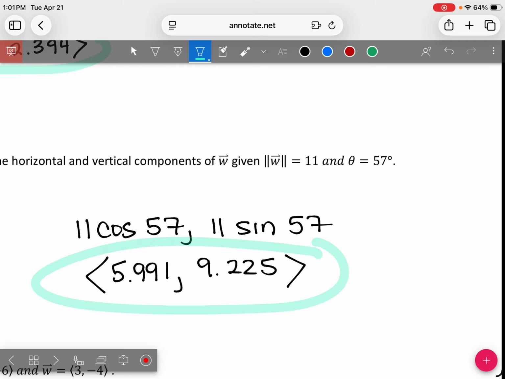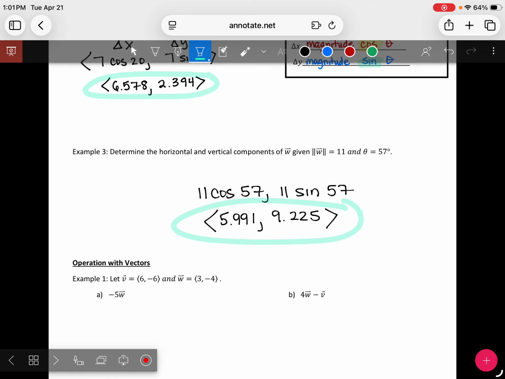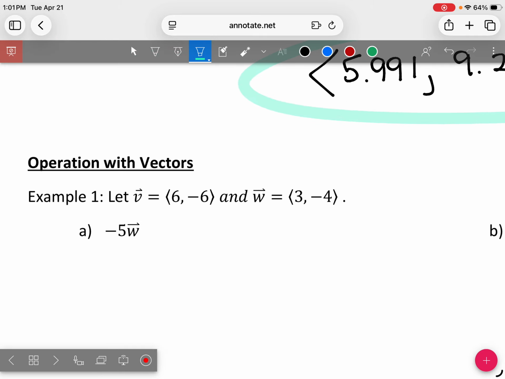All right, now let's talk about operations with vectors. So this is vector V. That's the horizontal and vertical component of vector V. Vector W, horizontal, vertical component of vector W. This is just saying multiply vector W by -5.